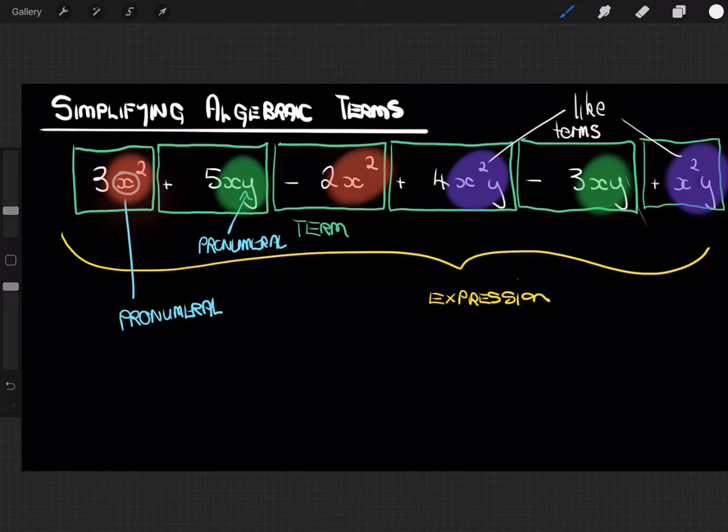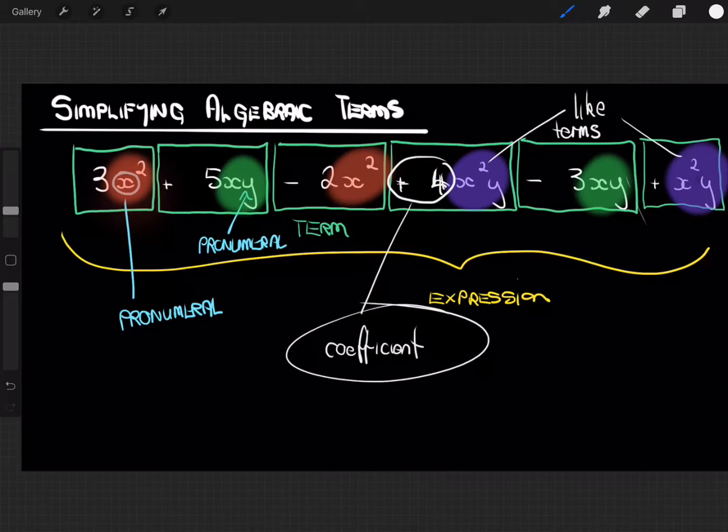Now, one final point before we actually go into simplifying expressions. You'll notice that the numerical component out the front, in this case there's a 4, or positive 4 actually, that's called the coefficient. So any particular number in front of the pronumeral part, we call it a coefficient.